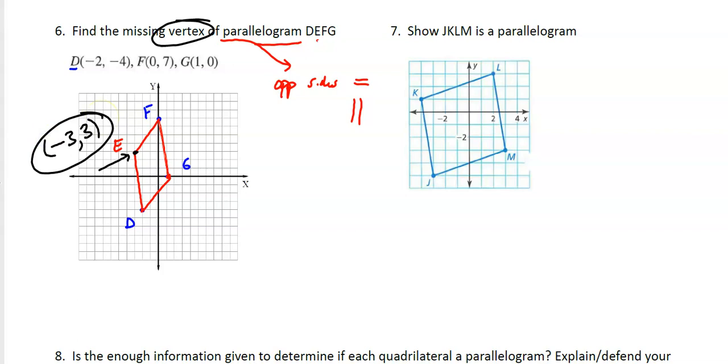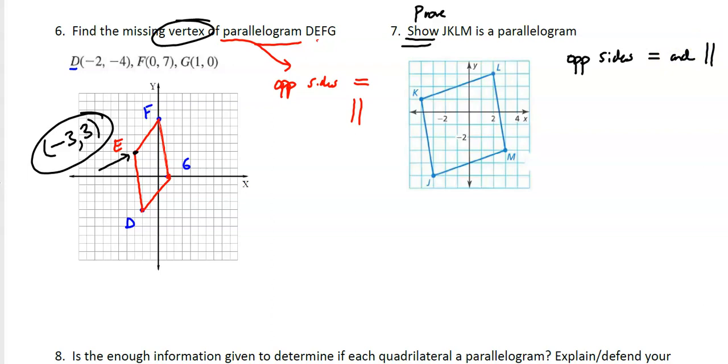All right, show. This basically says, hey, prove that something is a parallelogram. Well, to prove something's a parallelogram, I have to show that, by definition, it's got opposite sides equal and parallel. So if I can show that I have opposite sides equal and parallel, pretty good to go.